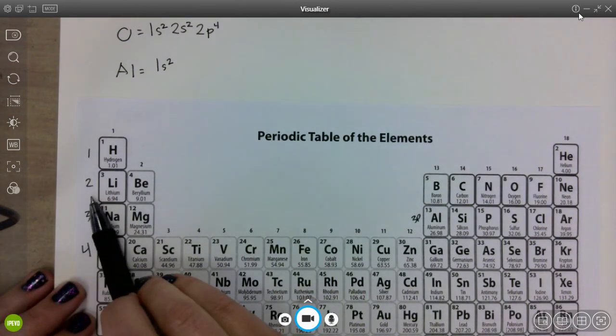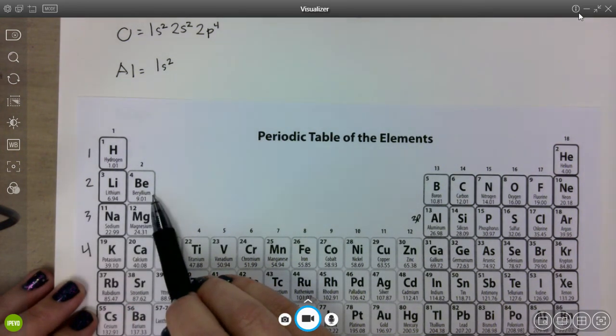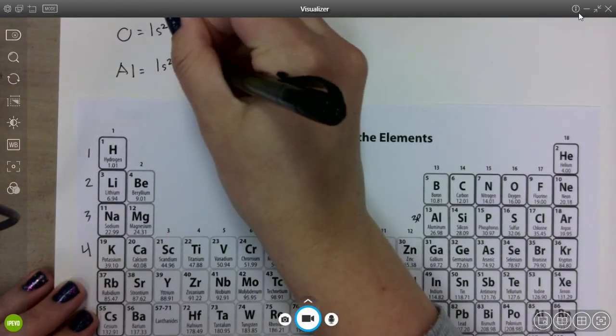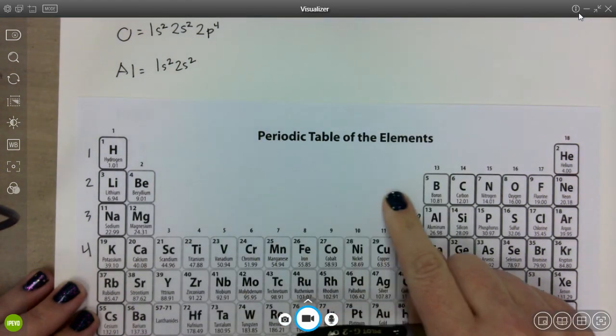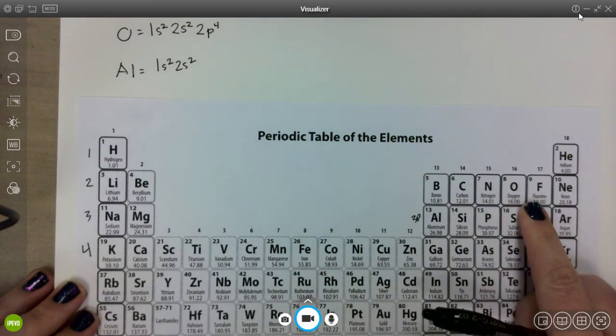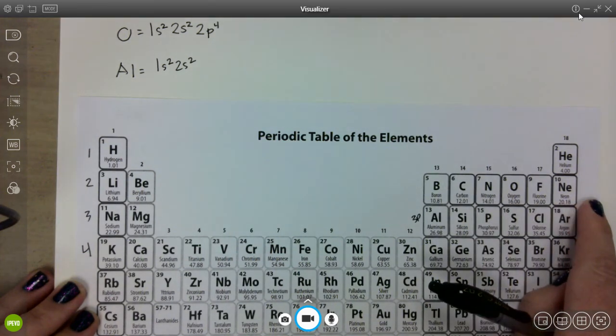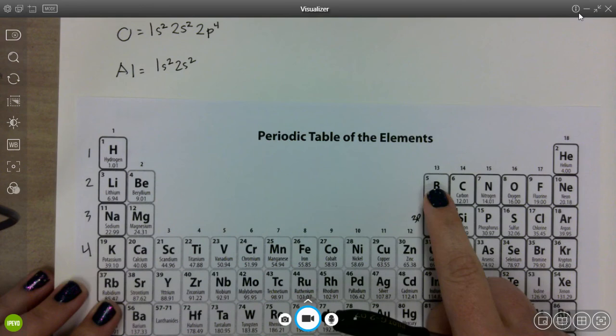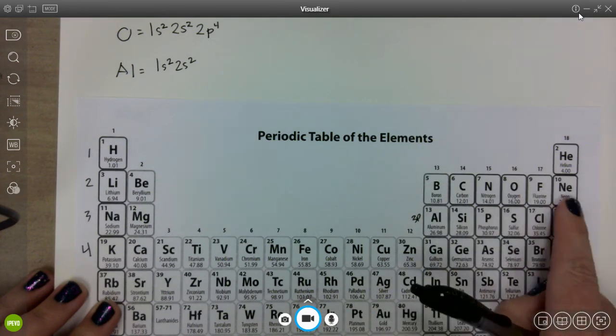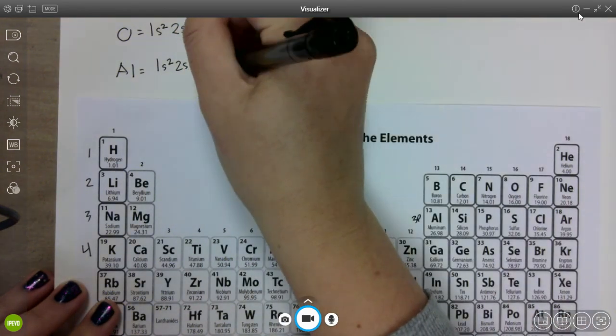Then as I pass through the 2s shell, I drop 2 electrons, so I'm going to write 2s2. I need to go all the way through the 2p shell and I travel through 1, 2, 3, 4, 5, 6 boxes, so it's going to be 2p6.